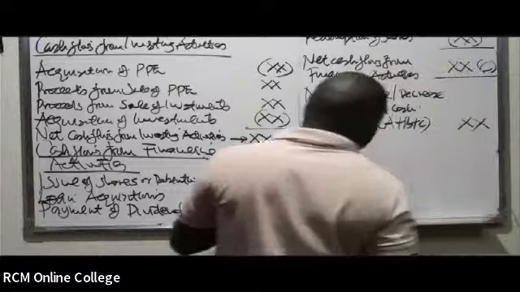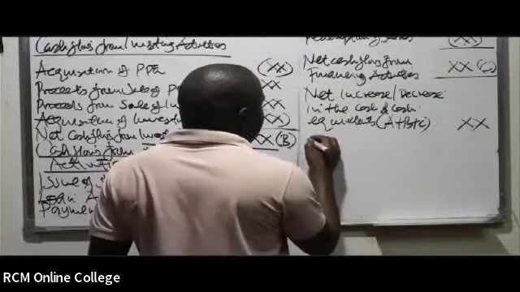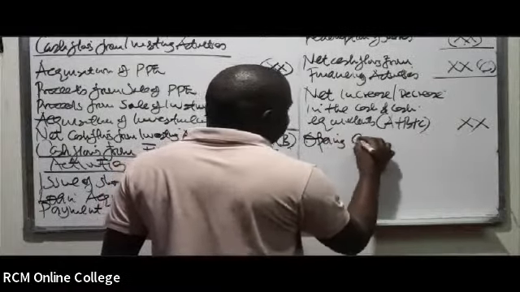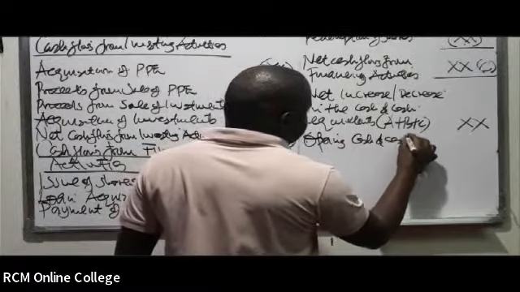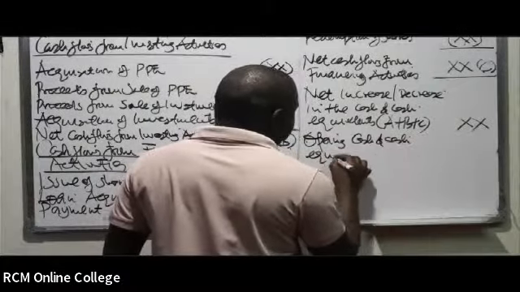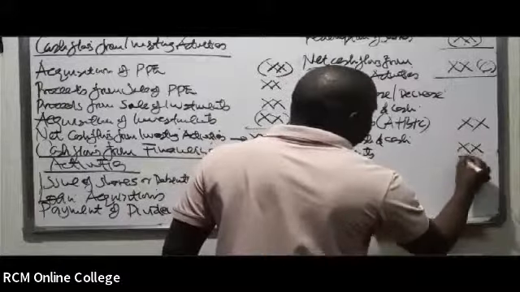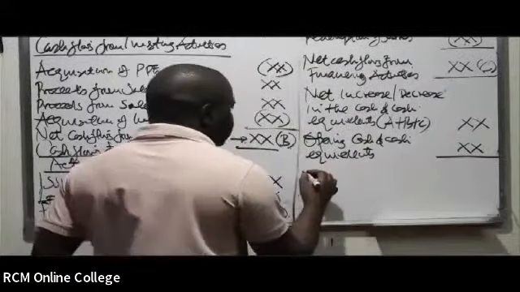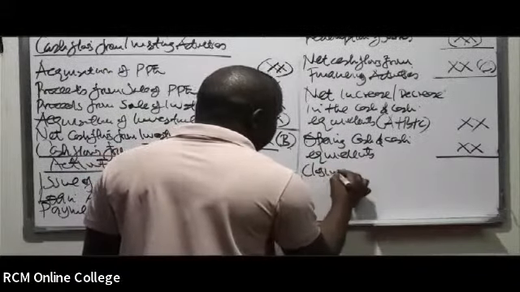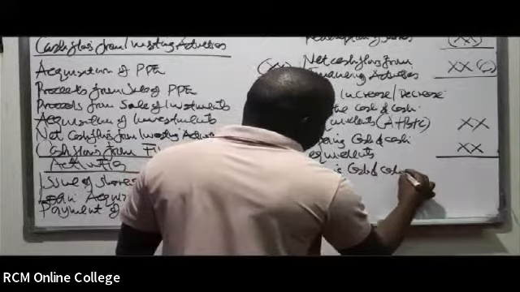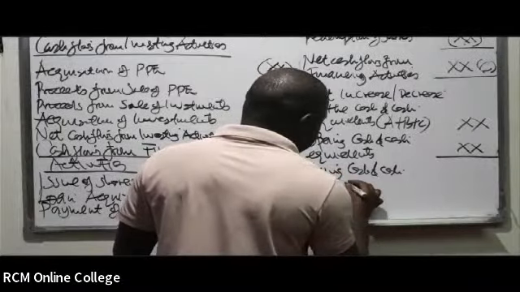Then once you have that figure, you add on the opening cash and cash equivalents. With that, you'll have the closing cash and cash equivalents.